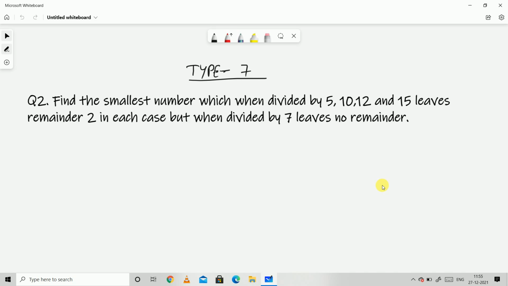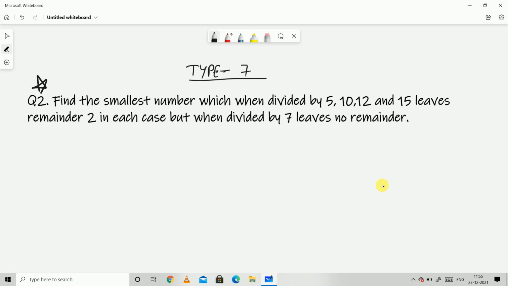Here it is saying find the smallest number which when divided by 5, 10, 12 and 15 leaves remainder 2 in each case, but when divided by 7 leaves no remainder. Okay, now this is a very important question. Find the smallest number which when divided by this leaves remainder 2 in each case.